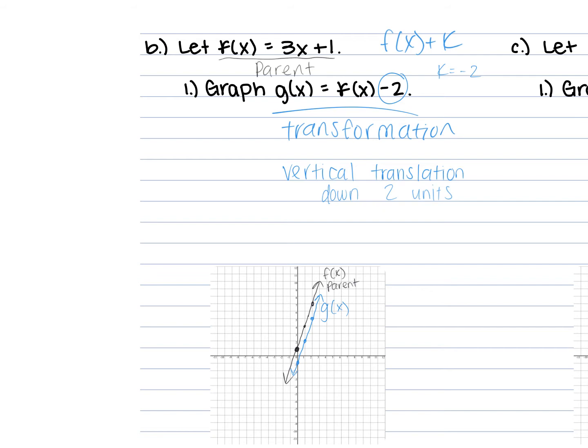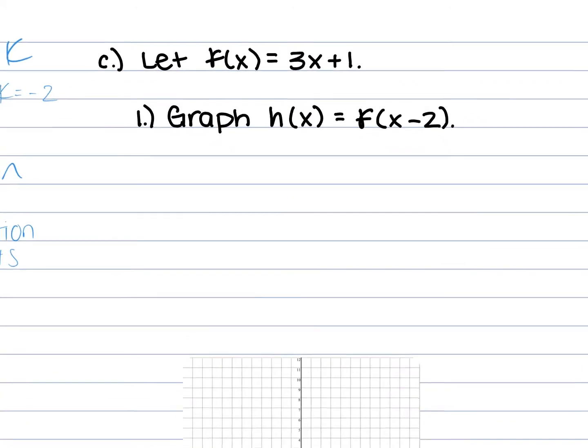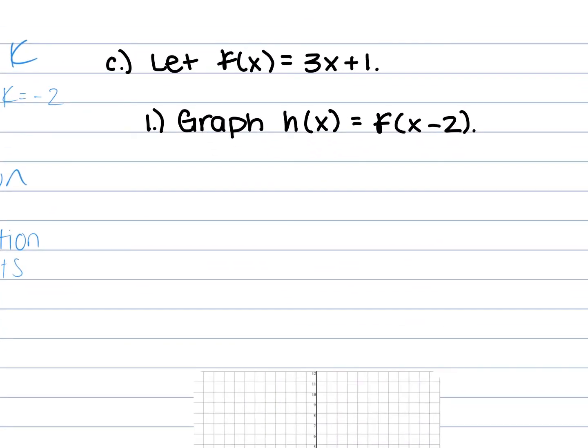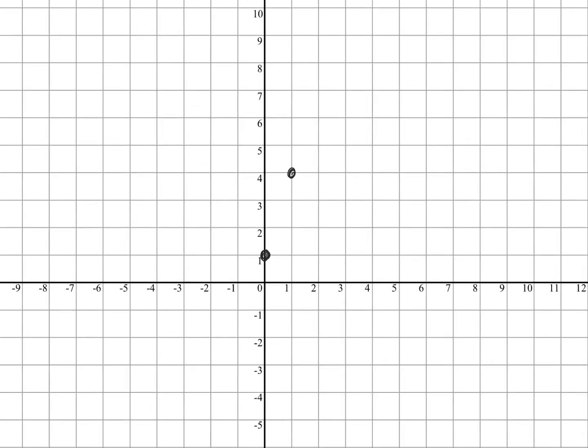Let's do a few more. Letter C. Same parent function, but a different transformation. Okay? So copy down the same parent function. Start at y-intercept of 1. Go up 3 units, to the right 1. And draw your line.